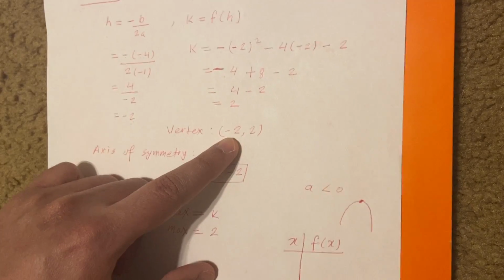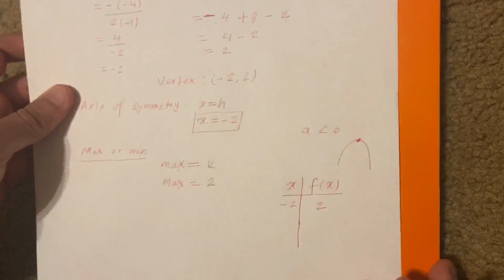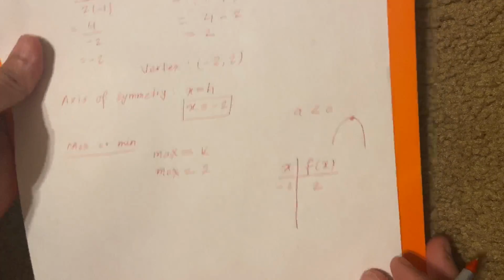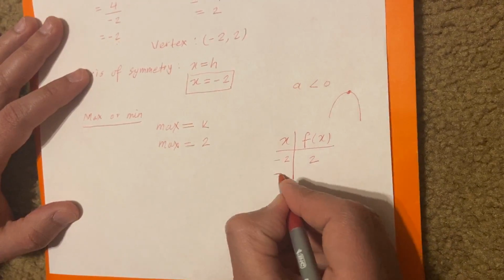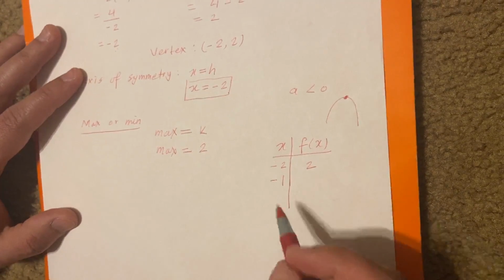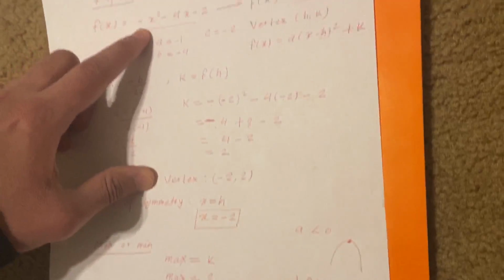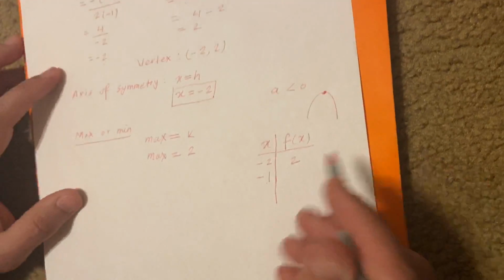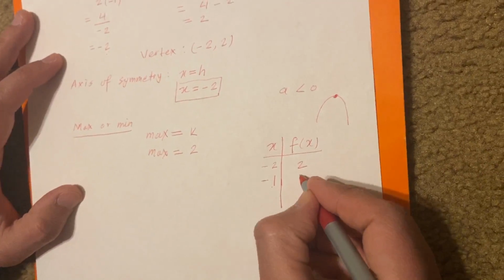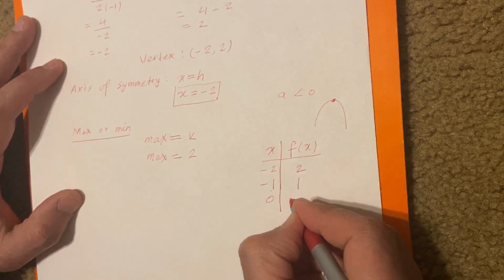The vertex, we already know that, right? -2 and 2. Now let's take some other value or some other number. Let's take -1. If you take -1, then check it, what are you going to get for f of x? All right, so here you can do this on your own. You'll get 1. If you say 0, you'll get -2.